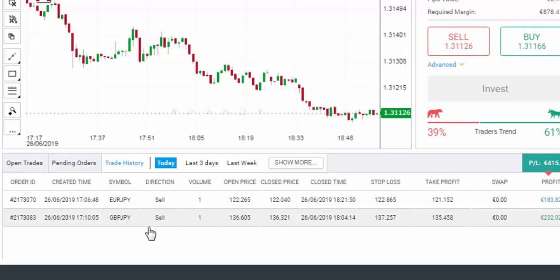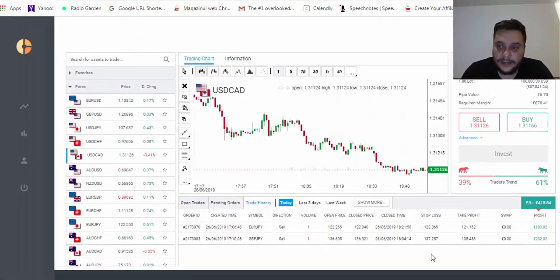And the second one, GBP GPI, open price of 136.605. The take profit was set at 135.458, and the close price was 136.321. So I manually closed them, and I have this profit of 415.84. So that being said, this is the trade for today.